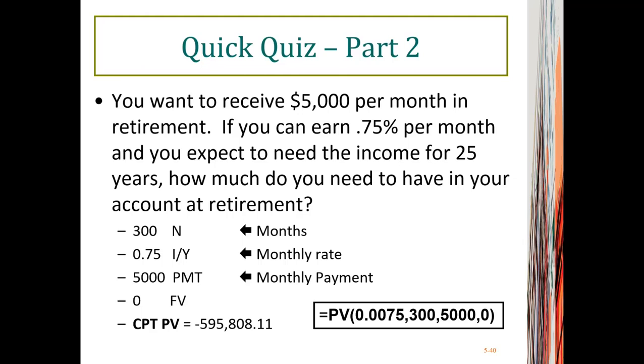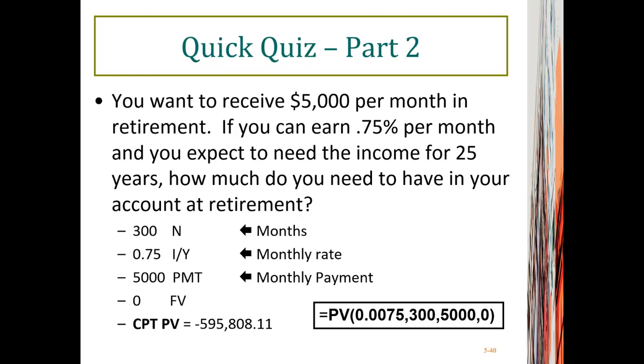Then you compute PV, and the PV should be negative $595,808.11. So in this case, in your 401k retirement plan, you probably need something close to $600,000, right, in order to have $5,000 per month revenue for your post-retirement life, assuming that you will live for another 25 years.